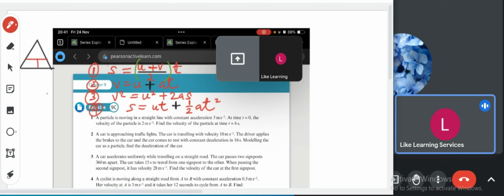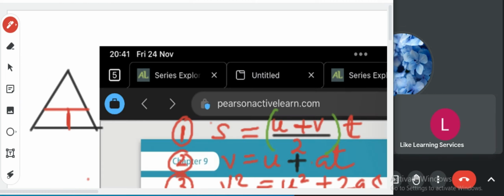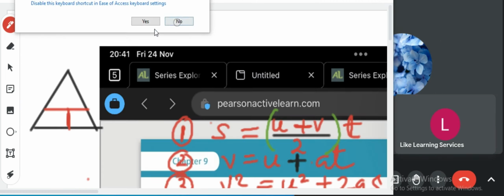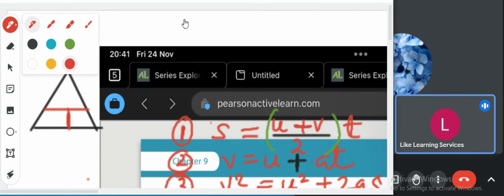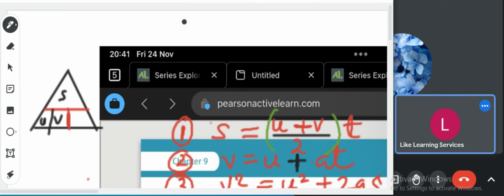You know what I'm talking about? Alright, so U or V is equal to distance over time, S over T. I need to emphasize this for just a moment.